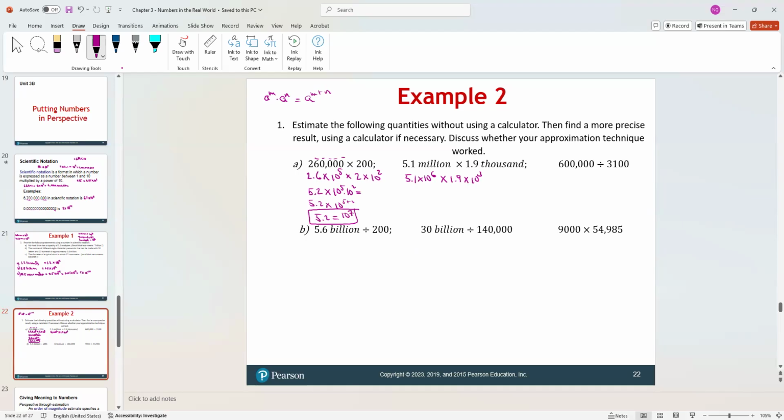You can multiply these two, and that would give you 9.69 times 10 power 6 plus 3, because we need to add them. So 9.69 times 10 power 9. So that's billions. You can say it's 9.69 billion.